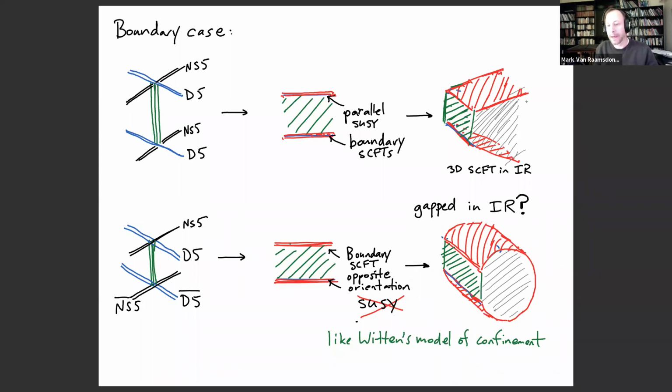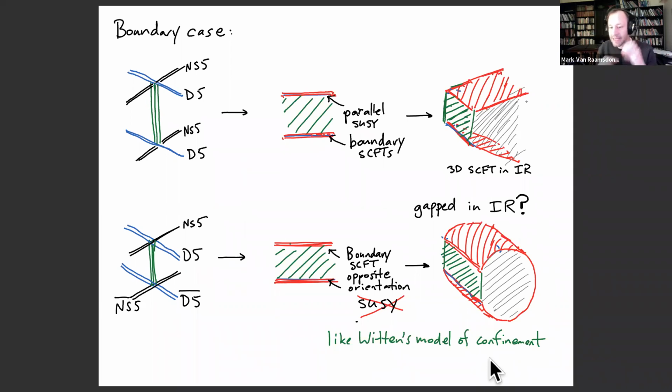Okay, so that's the picture. It's interesting to mention that Witten had this model of confining gauge theory very early on in the AdS/CFT literature, where he said take a conformal field theory, and compactify one of the directions on a circle with supersymmetry breaking boundary conditions for fermions, so antiperiodic boundary conditions.